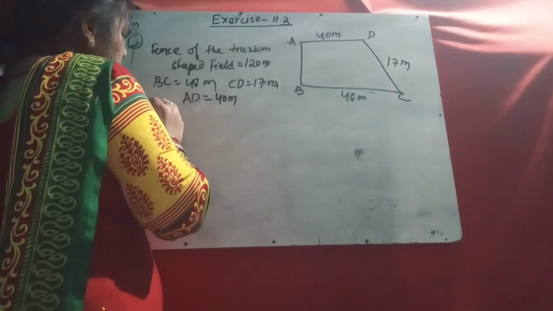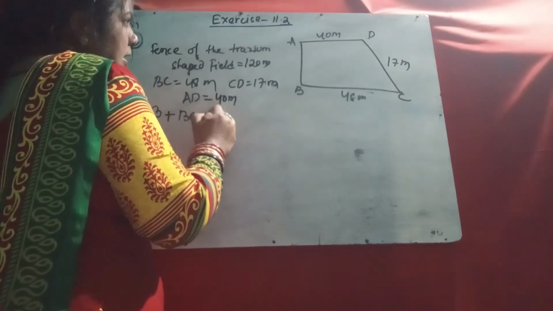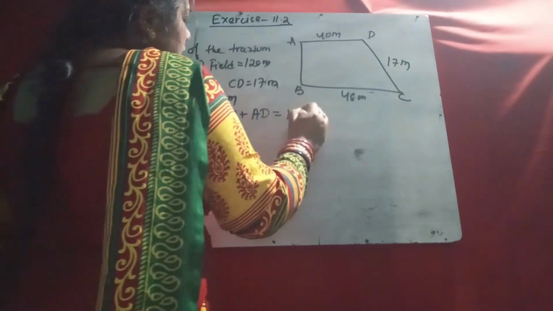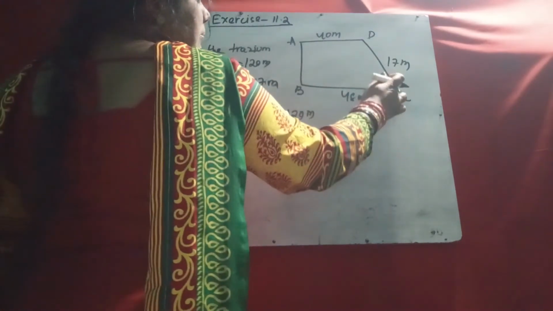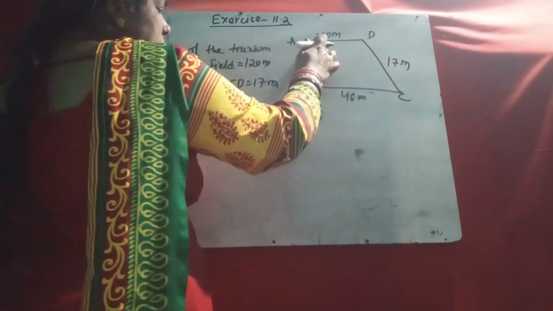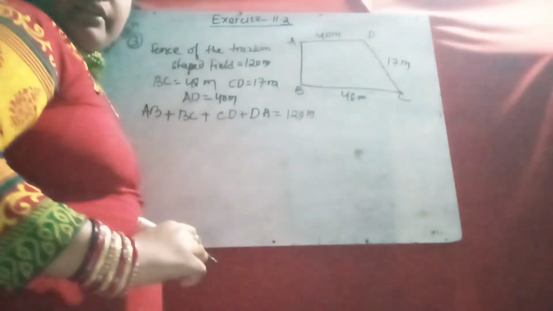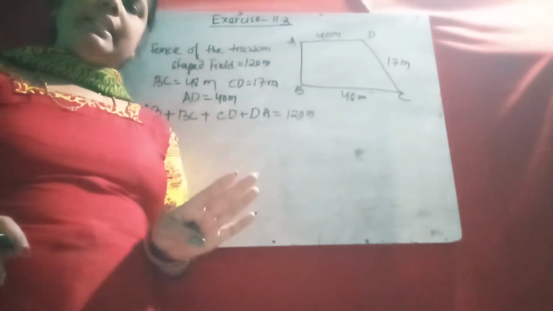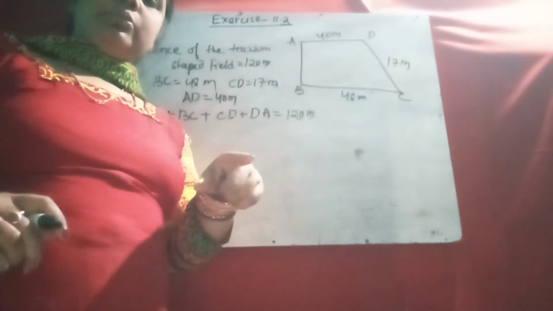So the perimeter, you know, AB plus BC plus CD plus AD equals 120 meter. Fencing means AB plus BC plus CD plus DA equals 120 meter. So only AB you don't know. Other sides you know, just put them in.